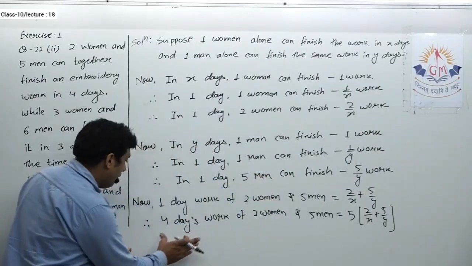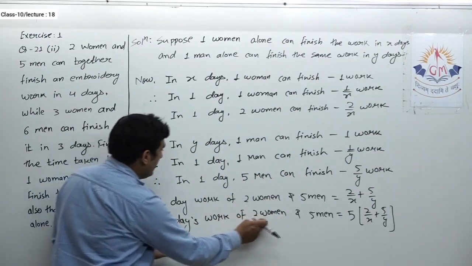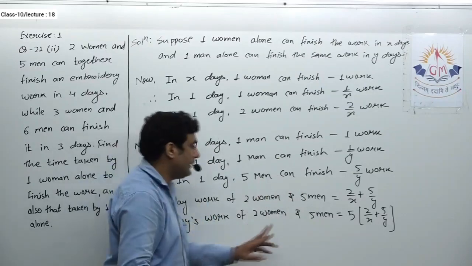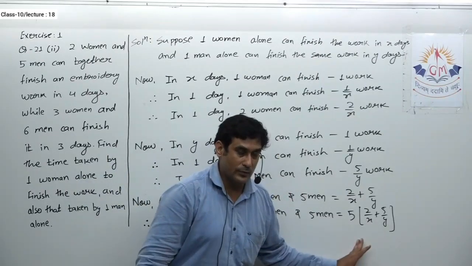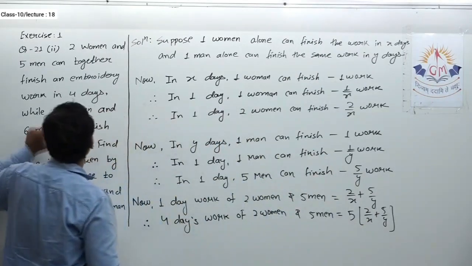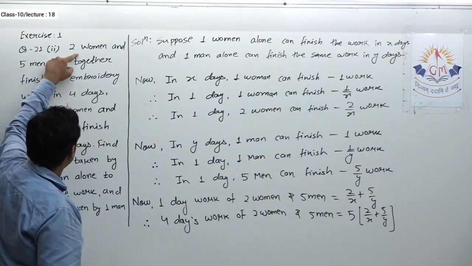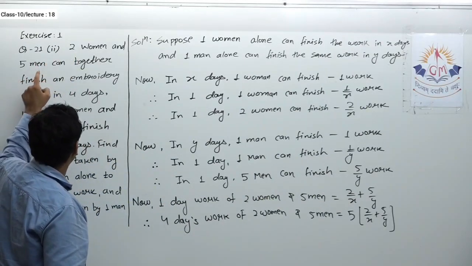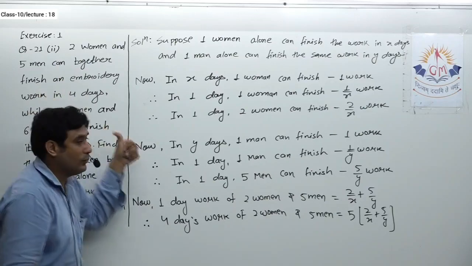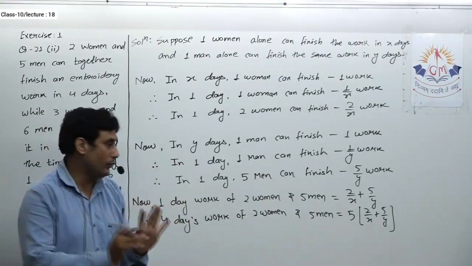Okay, in 4 days if 2 women and 5 men will work together, they will be able to finish this much work. But according to the question, in 4 days 2 women and 5 men can together finish one work, an embroidery work, that means one work.